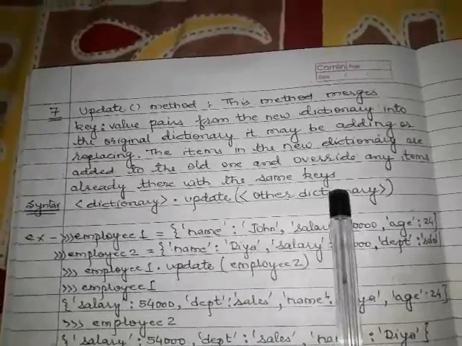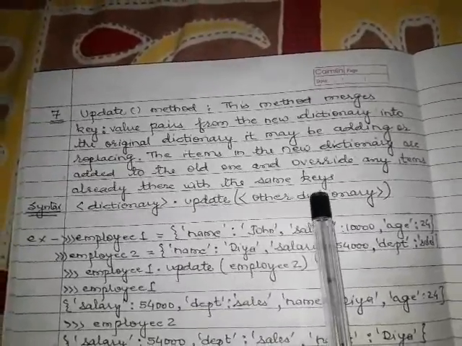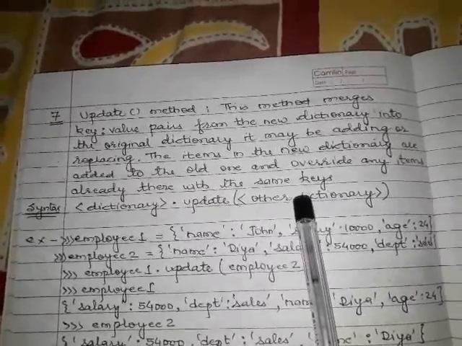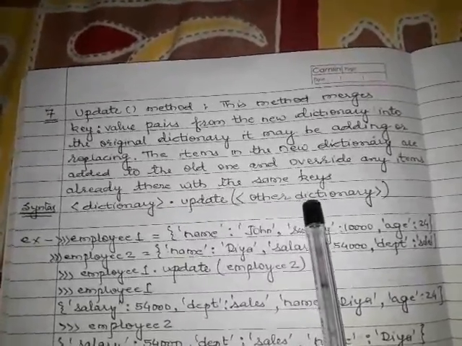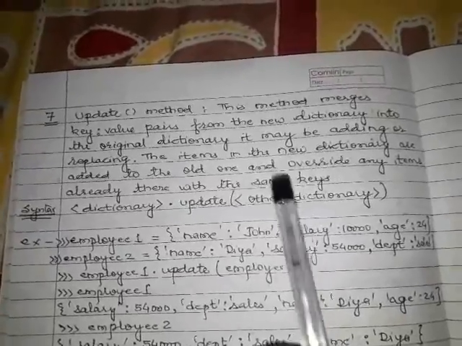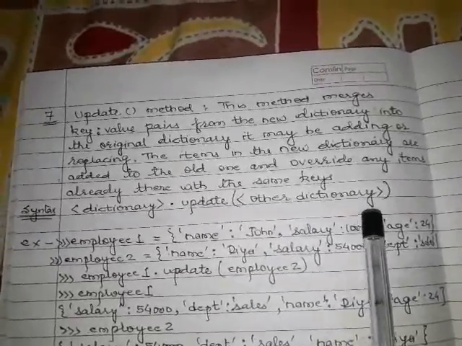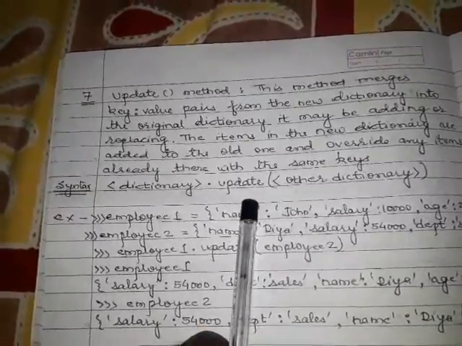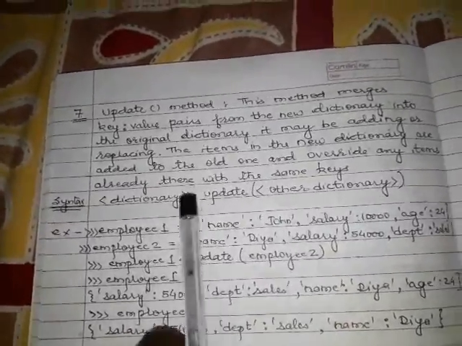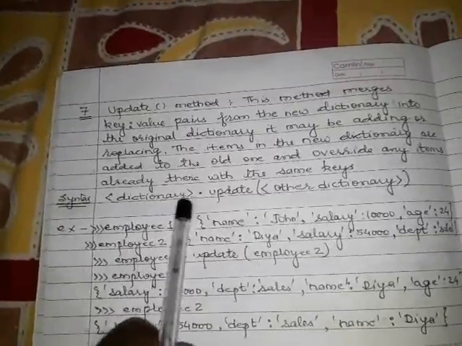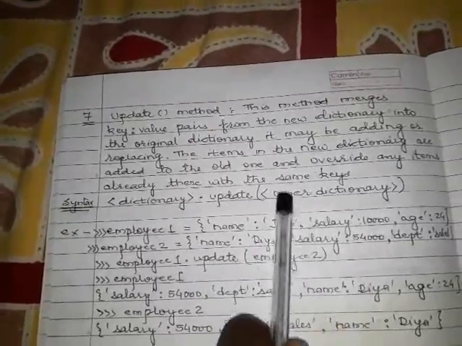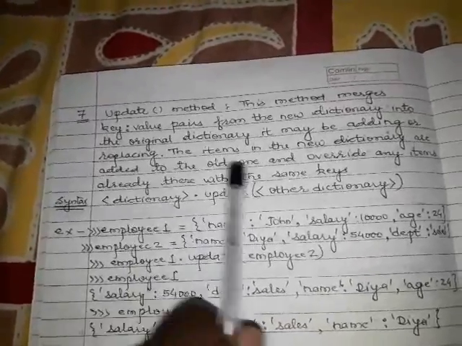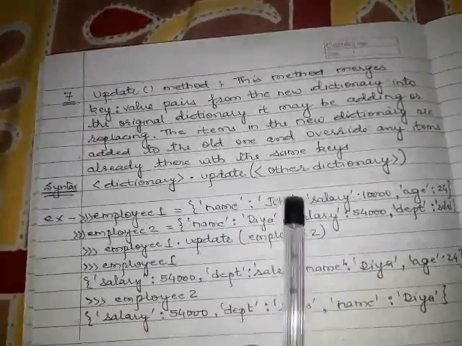If some keys in the new dictionary are common with the old dictionary, those key value pairs will be replaced in the original dictionary. Syntax is dictionary dot update and other dictionary, meaning updation occurs in this dictionary with the help of the other dictionary. Okay, this is the main concept.